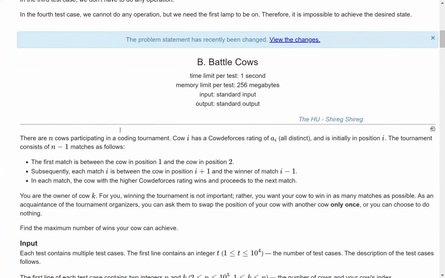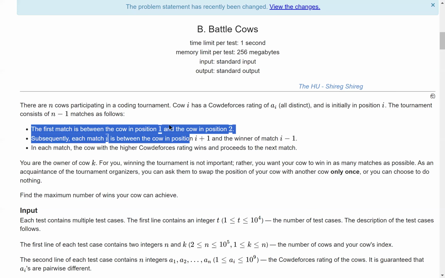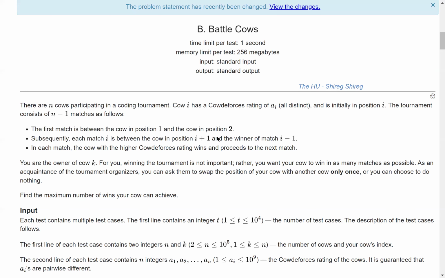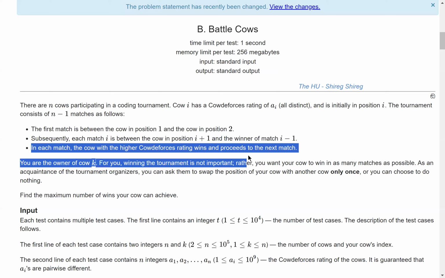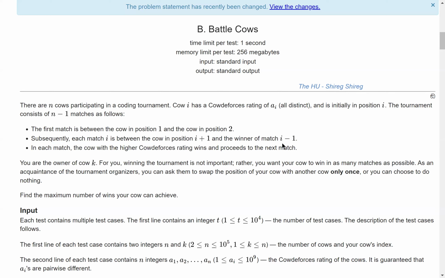The first match is between the cow in position one and the cow in position two. After that, match i will be between the cow in position i plus one and the winner of the previous match, that is match i minus one. In each match, the cow with the higher Codeforces rating wins and proceeds to the next match.